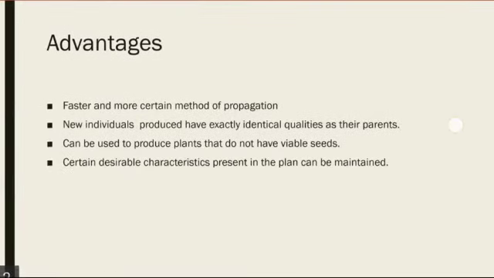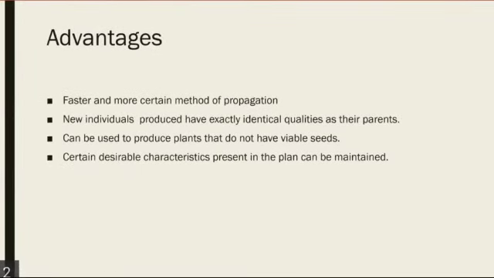And after that, we will be discussing the advantages of vegetative propagation. Vegetative propagation is a faster and more certain method of propagation. New individuals produced have exactly identical qualities as their parents. They will be maintaining all the good qualities of their parents and can be used to produce plants that do not have viable seeds.